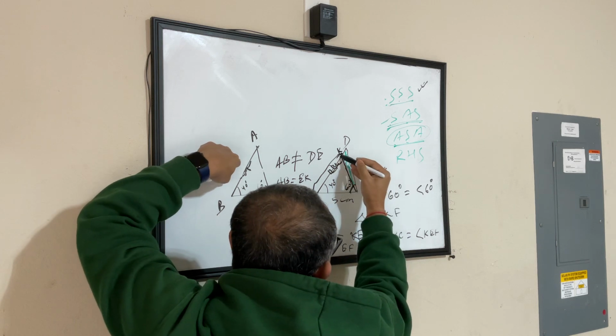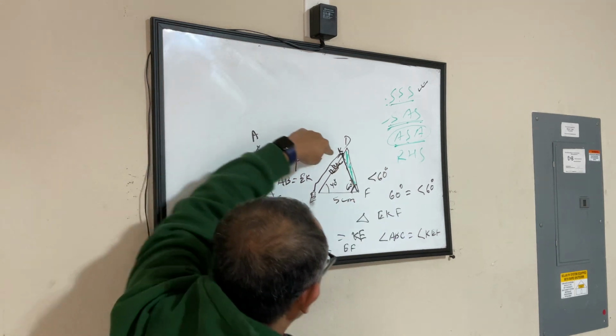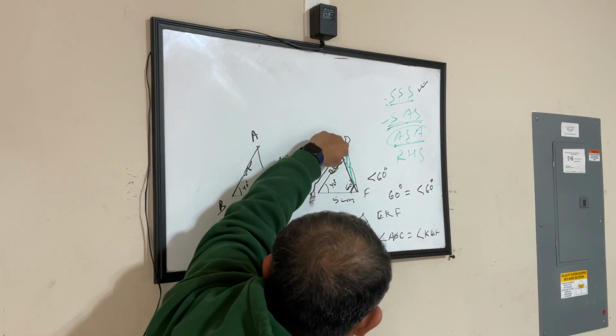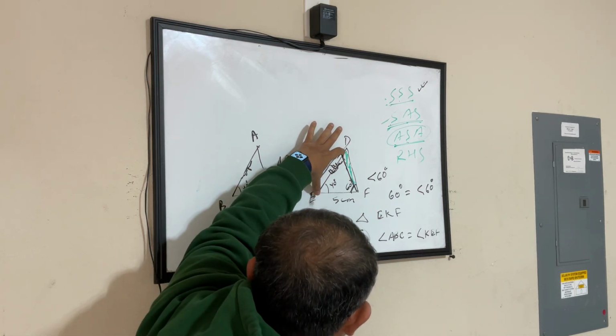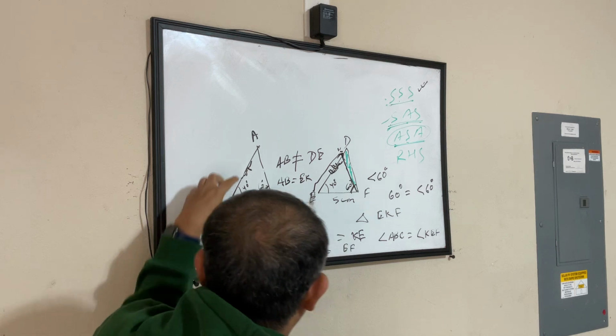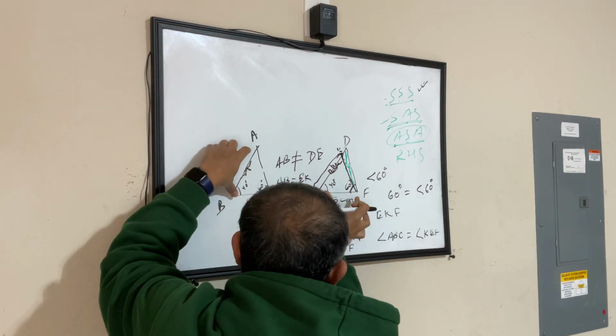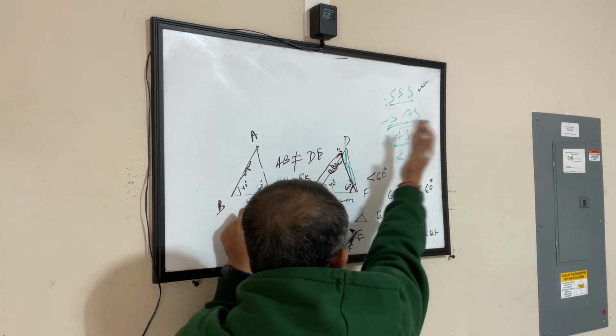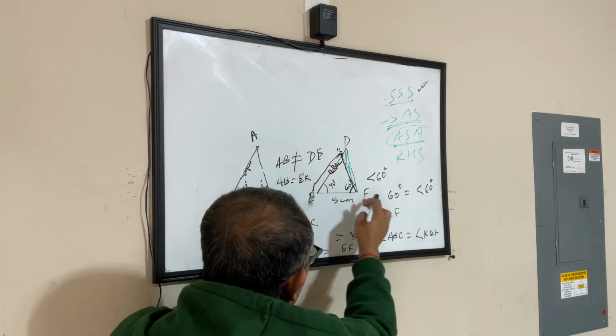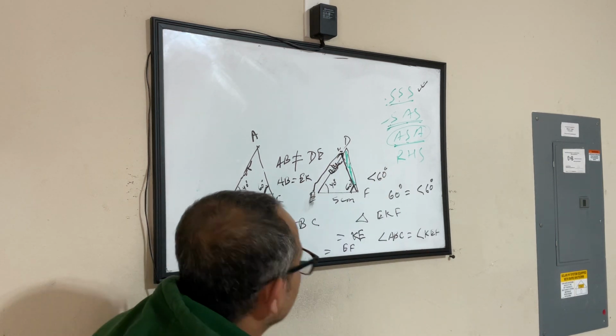That means somewhere on this line, a point K makes the line KE the same as AB. So if these two sides are the same and these two sides are the same, then the smaller triangle KEF, after trimming the green part, became congruent with this one.